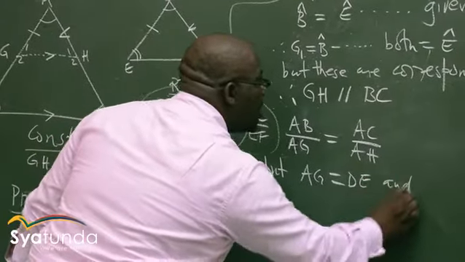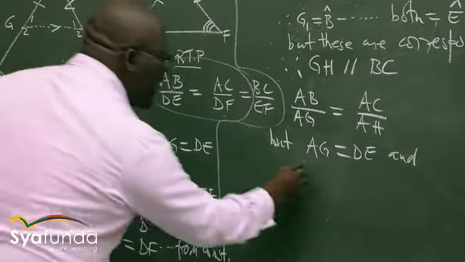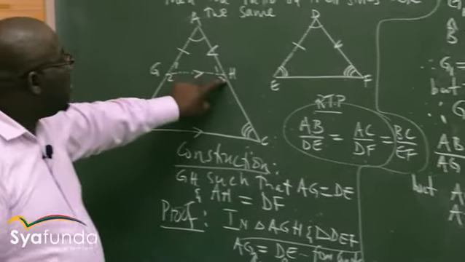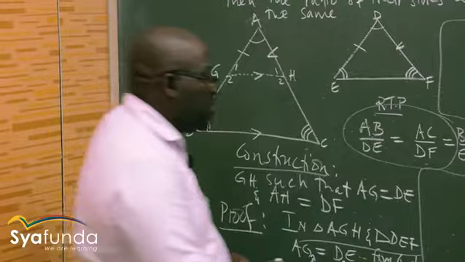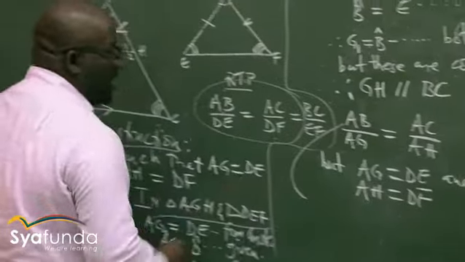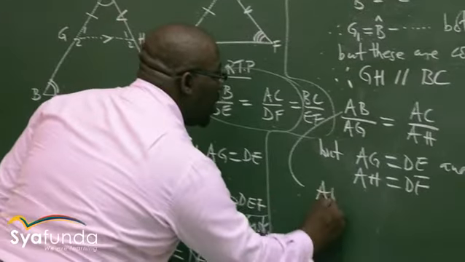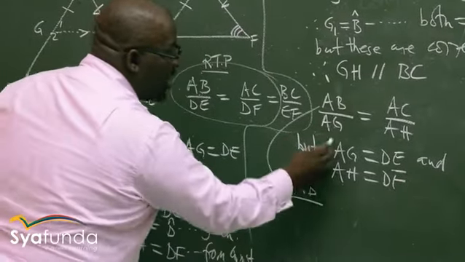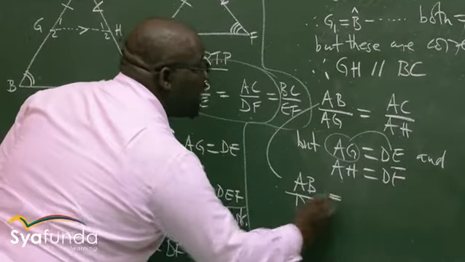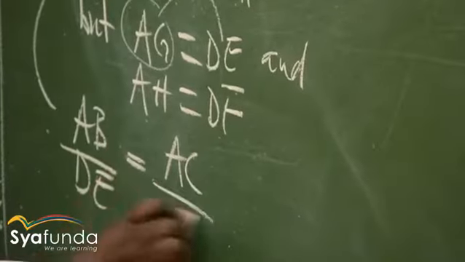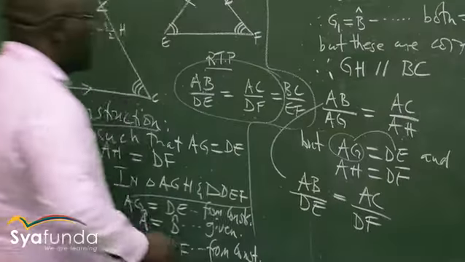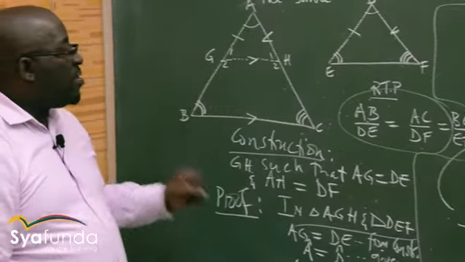And AH is equal to what? AH is equal to DF. Therefore, we can write our statement as AB over, instead of AG, what can you write? You can write DE, which is the same as AC over, instead of AH, you can write DF. Right, that is how we go about proving this theorem.